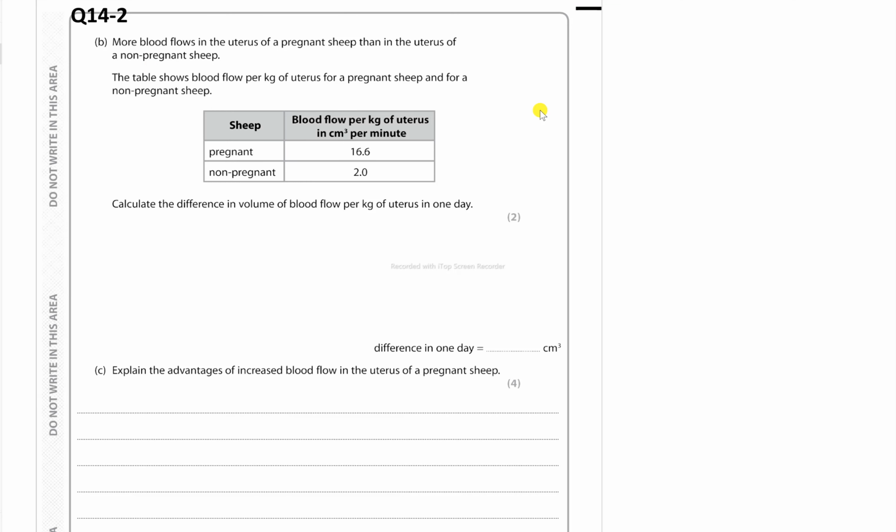Calculate the difference in blood flow per kilogram of the uterus in centimeter cubes per minute. Right, so they want it per day. So what you do is you do 16.6 times 60, that'll give you an hour, times 24.